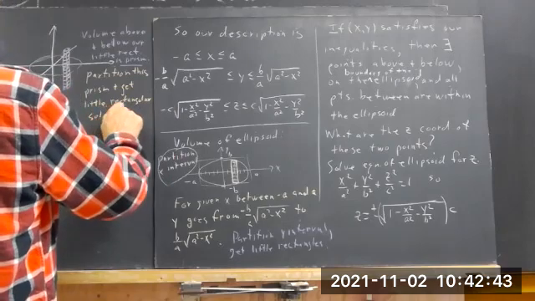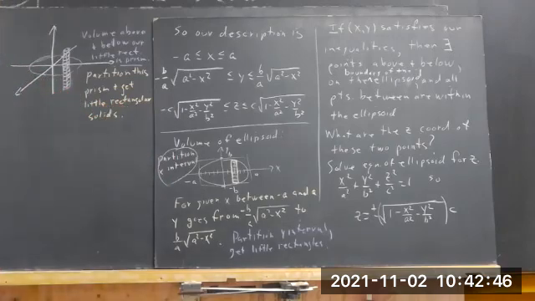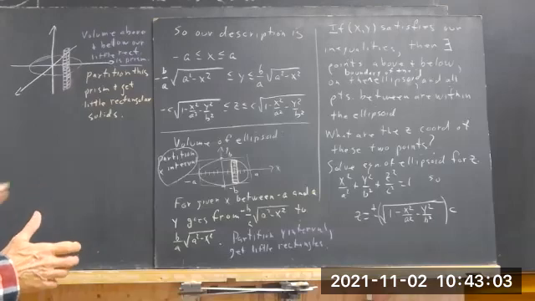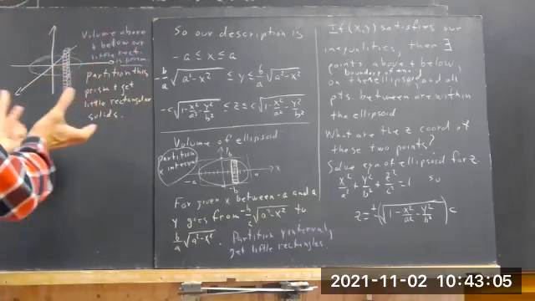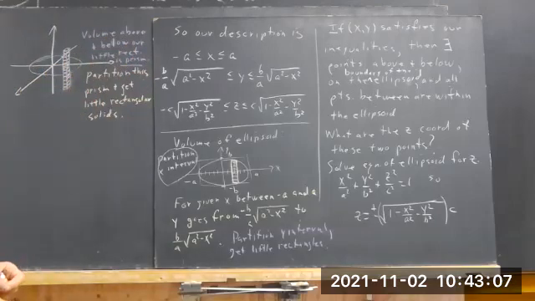I'll say rectangular solids because I don't want to write out rectangular parallelepiped, it takes too long. Okay, that makes sense? That's what we're doing. And then we put all these together and we get a very good approximation to our ellipsoid.